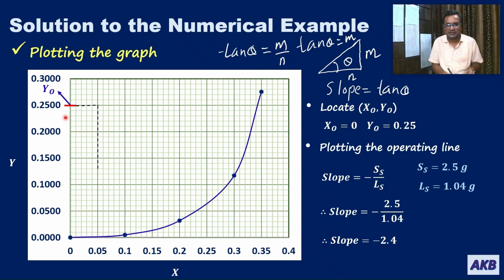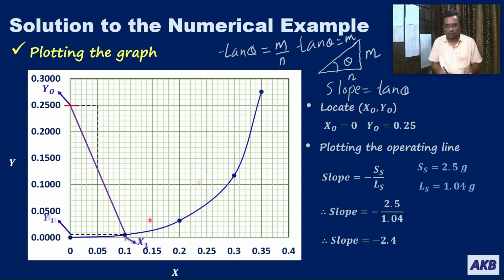Now the next task is I will be plotting a line from this point, allow it to pass through this point, and then it will intersect the equilibrium curve. So the point of intersection is nothing but x1 and y1. So y coordinate of this point gives me y1 and x coordinate of this point gives me x1. Now I can easily read the values of x1 and y1, and after reading those values, I will be using those values for my further calculations.